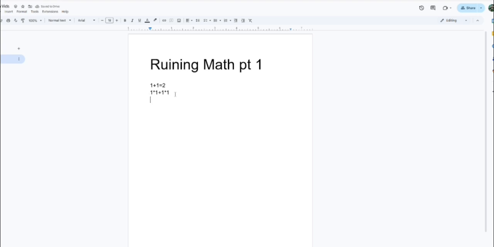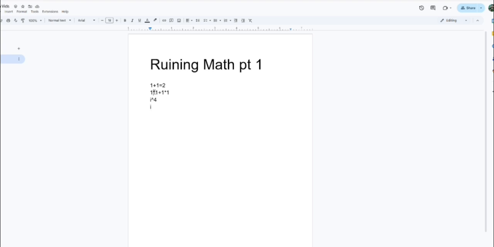Okay, well, let's make it even harder. i to the power of 4 is equal to 1 because i squared is equal to negative 1, and then negative 1 squared is equal to 1. So that means that i to the 4th power is equivalent to 1. So let's replace that concept.